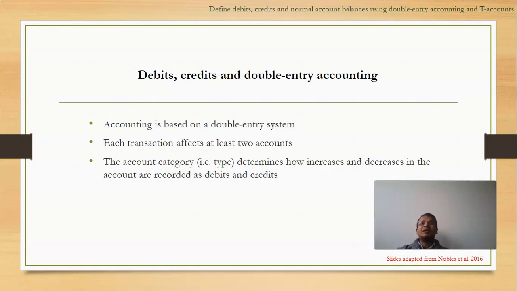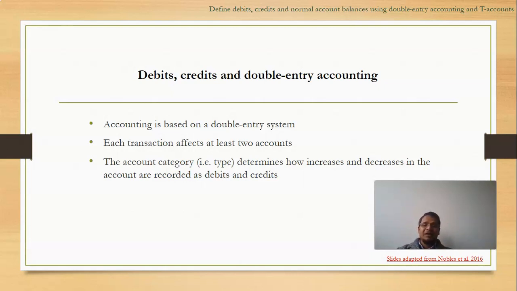Double entry means each and every accounting event should have at least two parties involved, at least two accounts, two sides affected because of a particular incident.